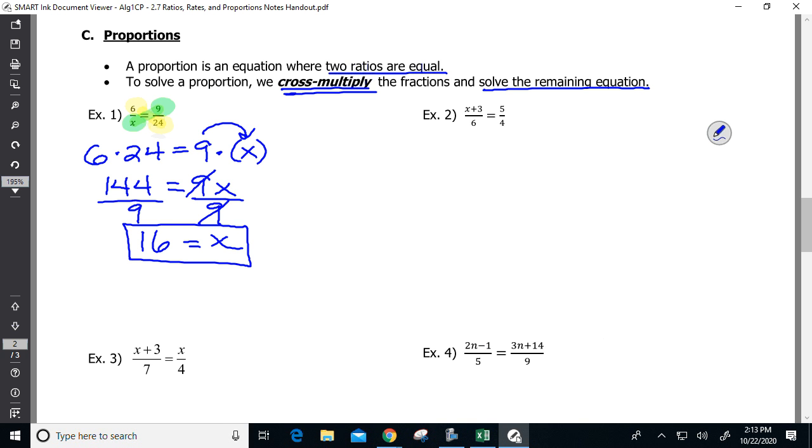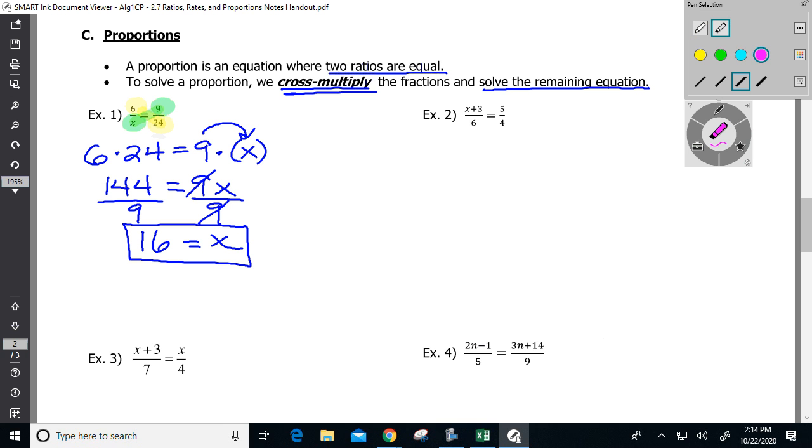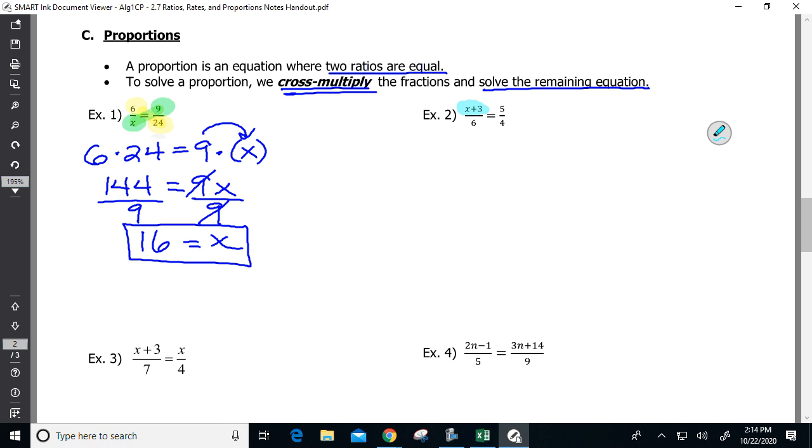Like example number 2. Example number 2 is a little bit more involved. x plus 3 divided by 6 equals 5 over 4. We still cross multiply. So x plus 3 has to get multiplied by what? 4.